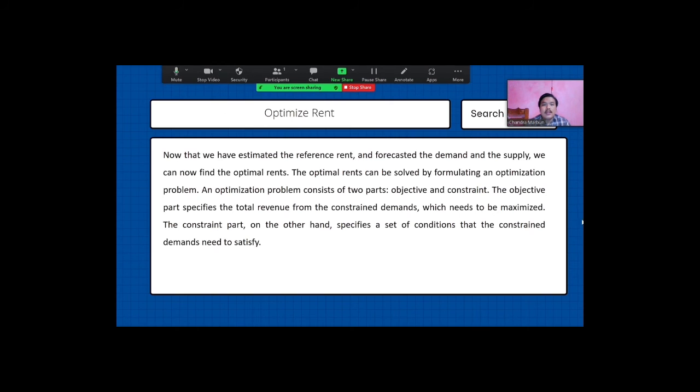Okay, I will continue the presentation. Now I will explain about optimal rent. Now that we have estimated the reference rent and the forecasted demand and supply, we can find the optimal rents. The optimal rents can be solved by formulating an optimization problem.